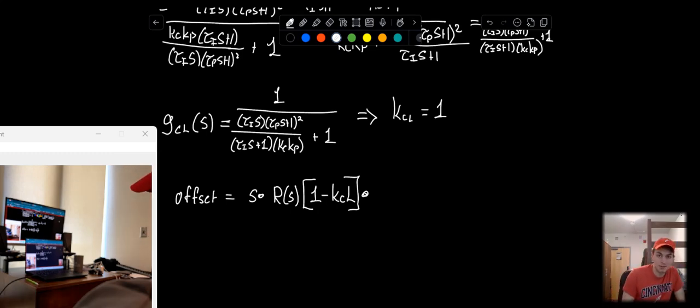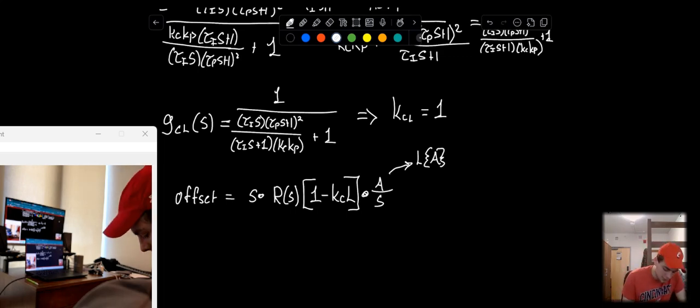Now, we said we're going to do this for any unit step change. So we should have 1 over s, or rather A over s, as our R(s). This is the Laplace transform of A, right? Where A is a step change.